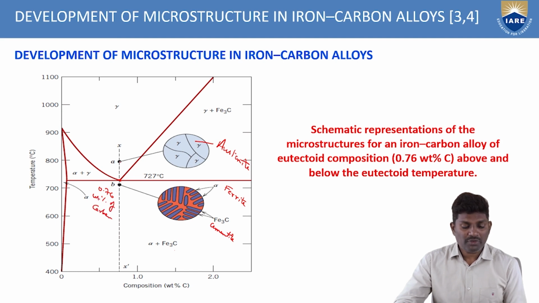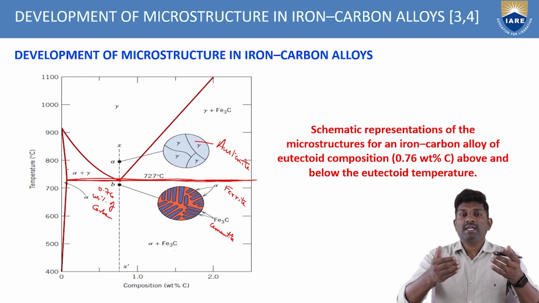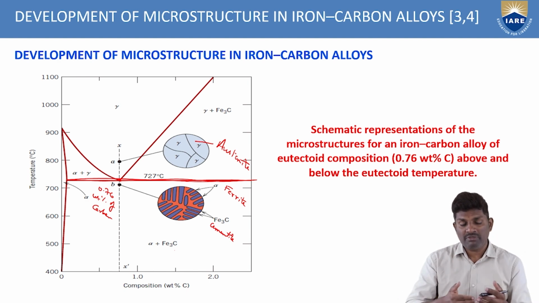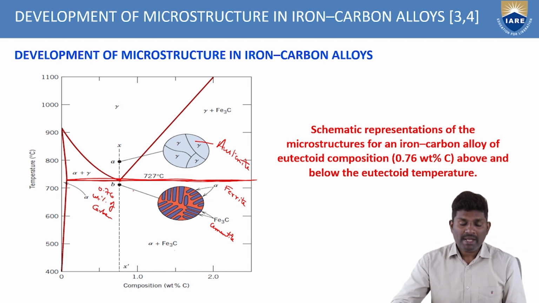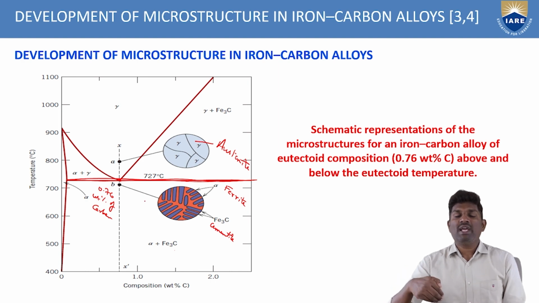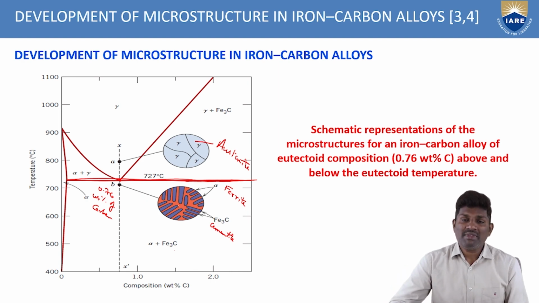At this point, if you take two points, at point A you have a completely austenite microstructure. At point B, and this is very important, at 727 degrees centigrade, it converts from one phase to another phase. This is the boundary line, and after crossing it, at point B, it has a completely different structure of ferrite and cementite.